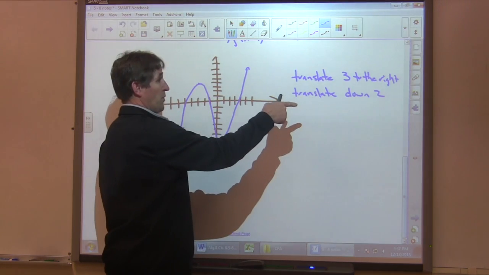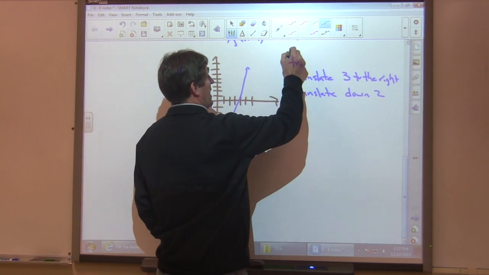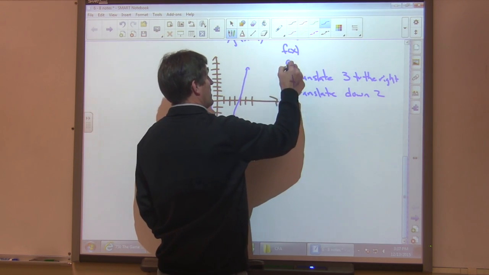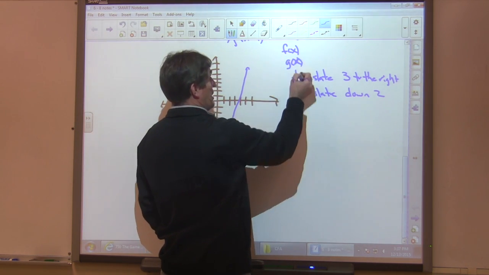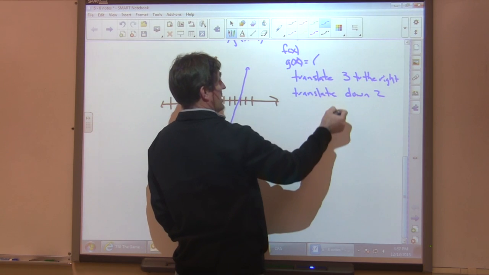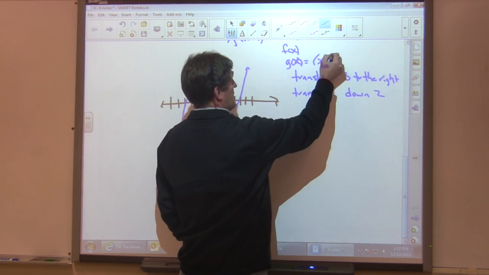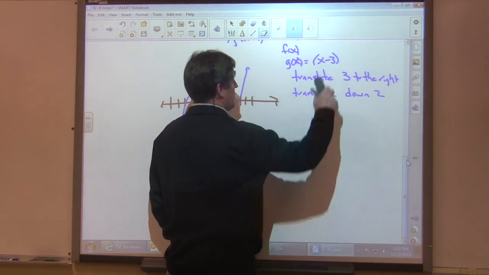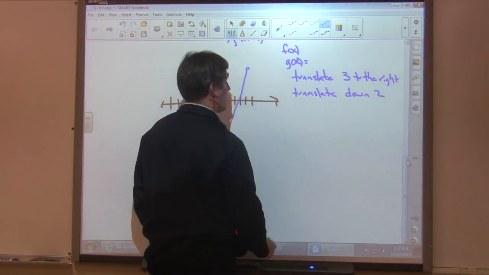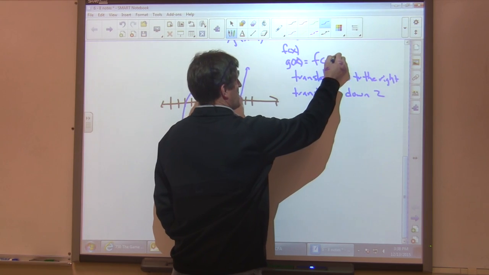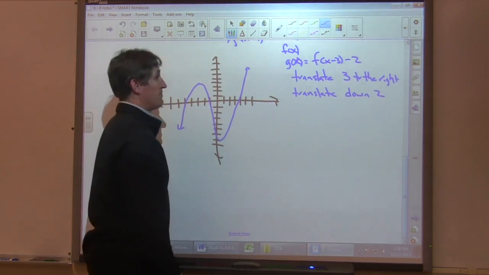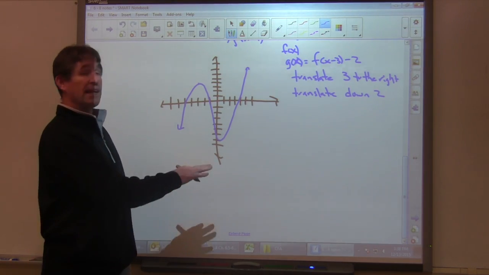So they could write it in words, or they could say, let's say f of x is the graph. Find g of x, graph g of x, which is f of x minus 3 minus 2. Okay? So they can write it either way.